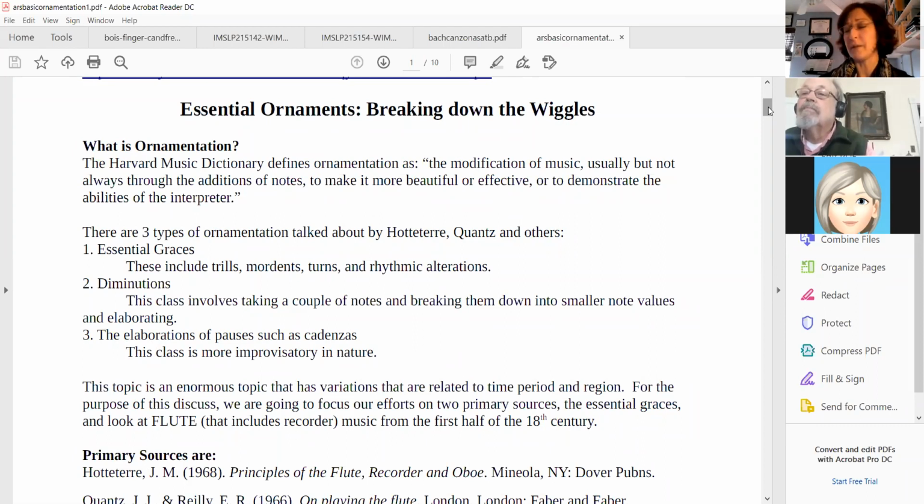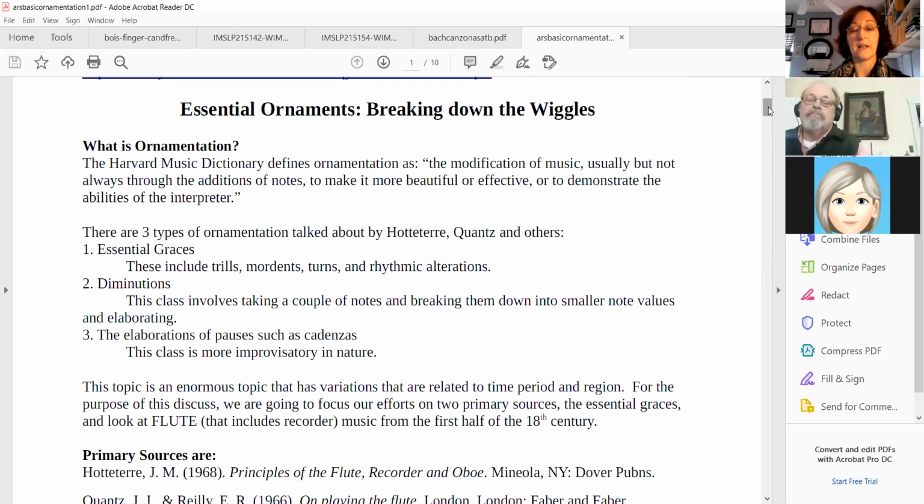Now, this is a really big topic, and there are lots of variations, and so I've decided we're going to be looking specifically at flute music from about 1712, when the Hotteterre treatise came out, to about 1750, when the Quantz treatise came out. So we are not going to be looking at any of the crazy ornamentation that you might see in Bach's organ music, or the crazy ornamentation that you might see in Couperin's keyboard music.